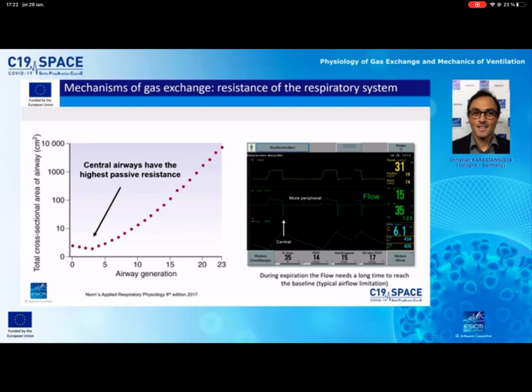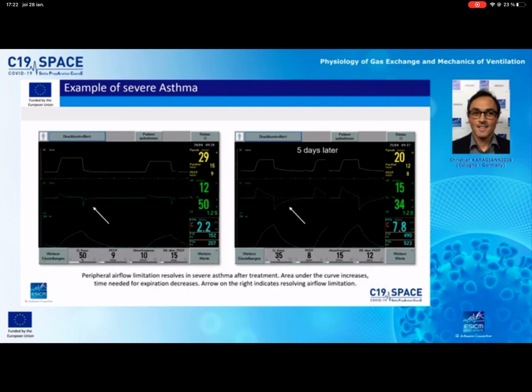And in this case, you see a collapse of the central airways, so you can find it here in the flow curve. And then the patient needs a long time to expire. And this part of the expiration curve is usually due to a severe airflow obstruction in the peripheral airways. This is a very typical case of severe asthma.